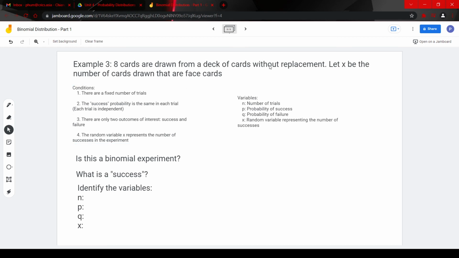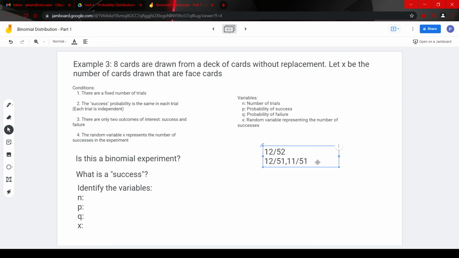In this case, since we are drawing cards without replacement, the first probability before we draw a card would be 12 face cards out of 52. The next card will be either 12 out of 51 if we didn't draw a face card, or 11 out of 51 if we did draw a face card.